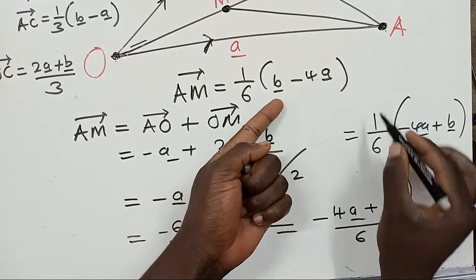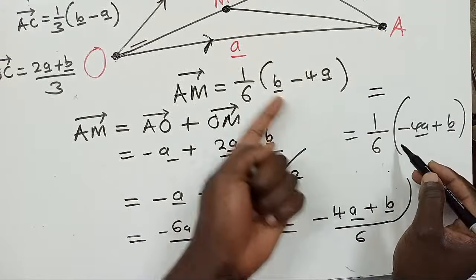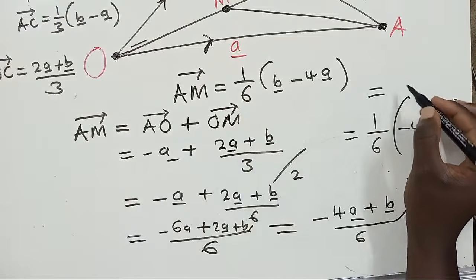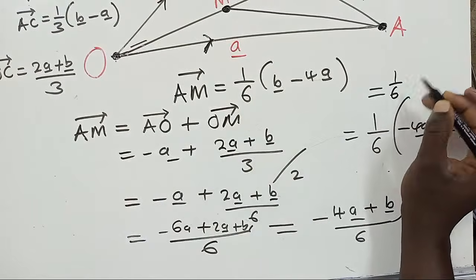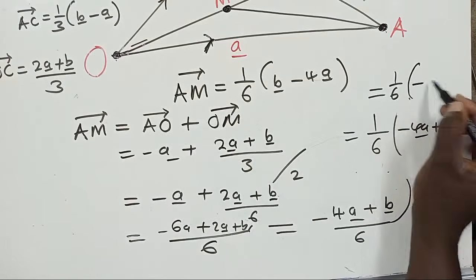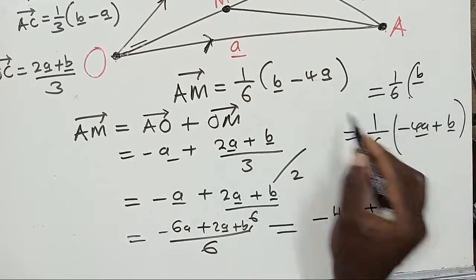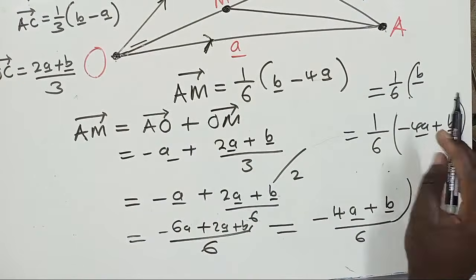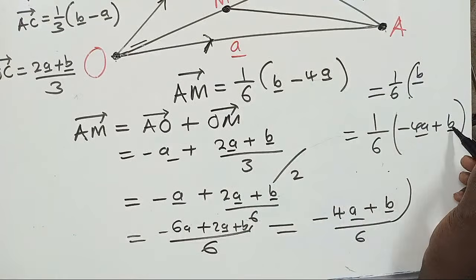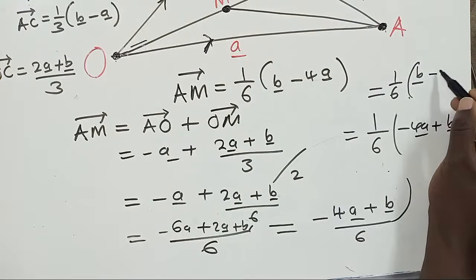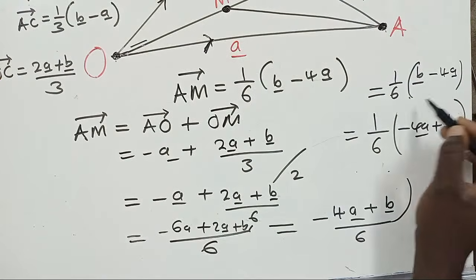So our next job here is just to arrange. So we have 1 over 6, and then we use the commutative law, so these two things will be switched. We'll get 1 over 6 of vector B minus 4A, like that.